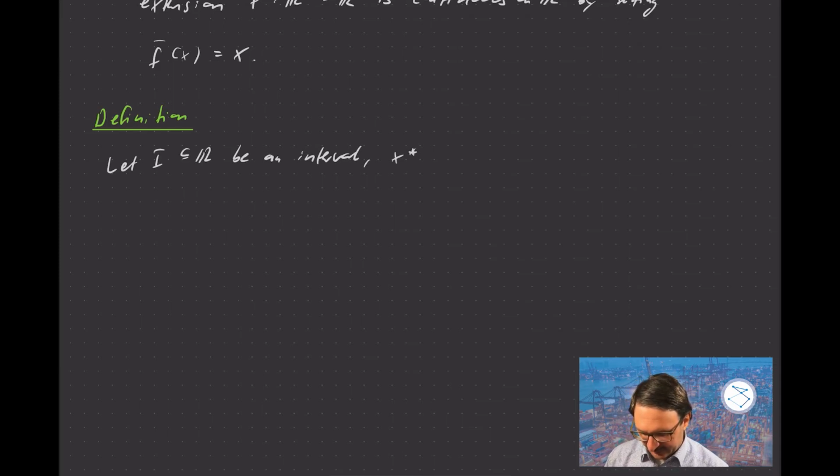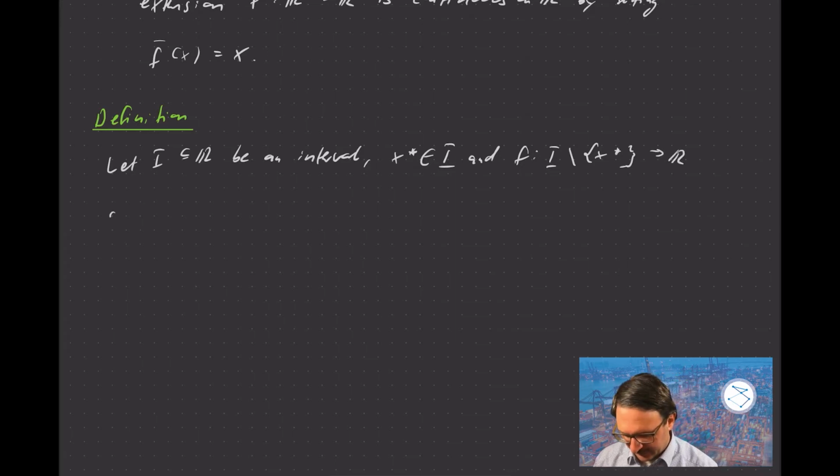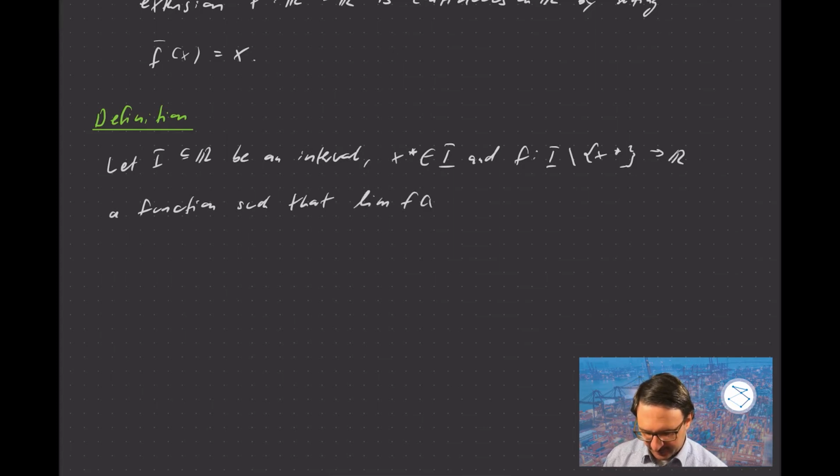Let x star be some point in I. And let f be a function on I with the exception of x star, and a codomain of R. So that is a function such that the limit of f of x as x tends to x star exists.